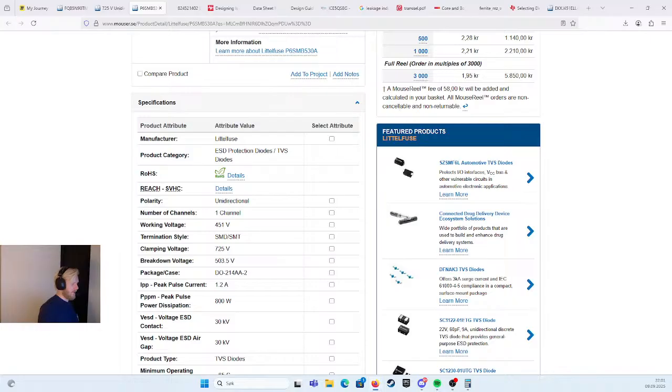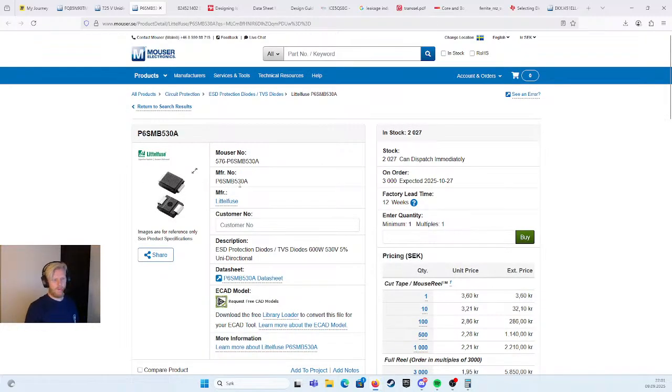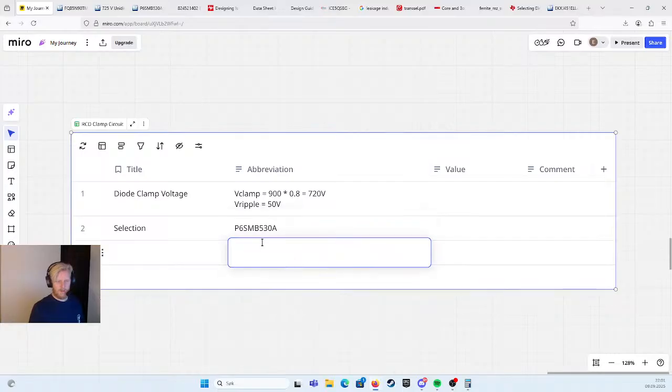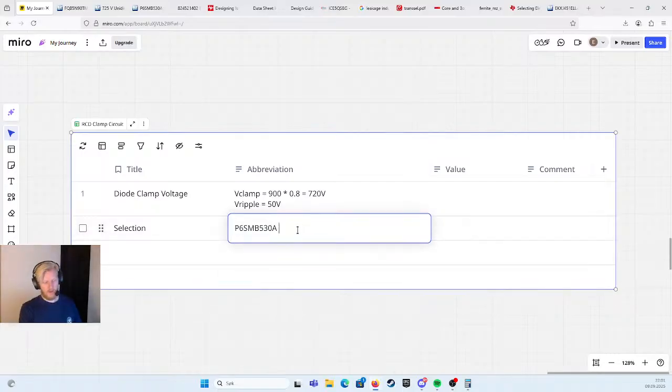How to select a surge diode. A lot of good articles. But let's just stick with this for now. It's cheating a little bit, but I would like to make some decisions as well.